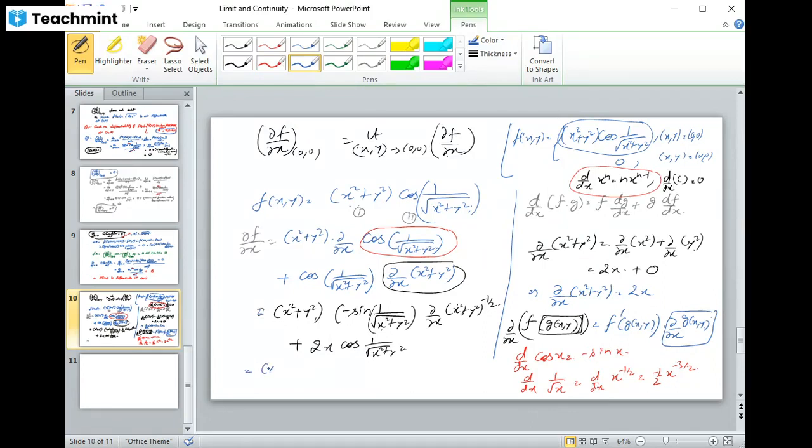This is equal to x square plus y square into minus sine of 1 upon square root of x square plus y square, and derivative of this function is minus 1 by 2 x square plus y square raised to the power minus 3 by 2 into partial derivative of x square plus y square, and partial derivative of x square plus y square is 2x. Okay, plus 2x times cos of 1 upon square root of x square plus y square.